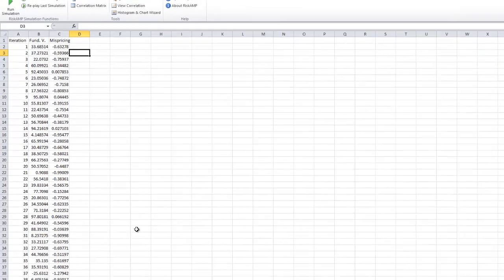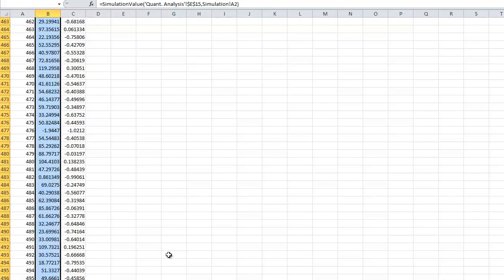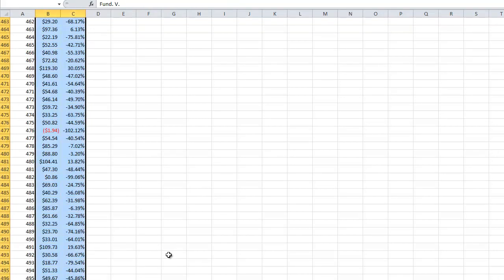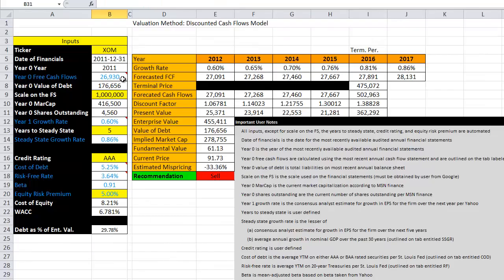Okay, and so once it finishes, you'll see that literally it's given us 500 iterations of our discounted cash flows model. So format it so that you understand what you're looking at. What that means is, in the first iteration, Excel went and pulled these numbers from the normal distributions, and these two actually had a correlation of whatever we told it to be.